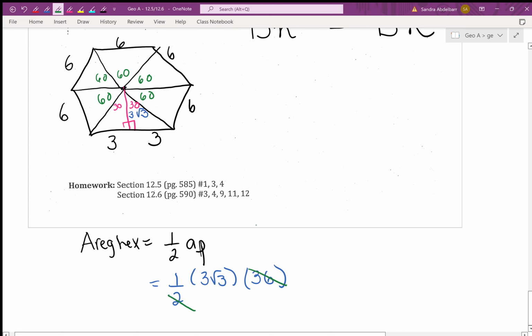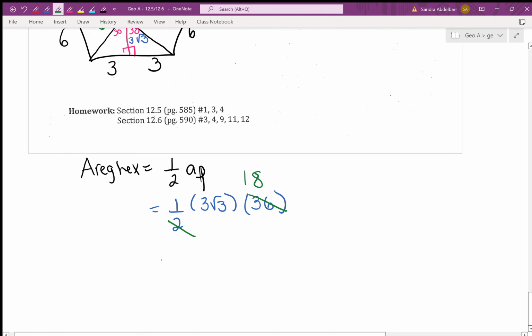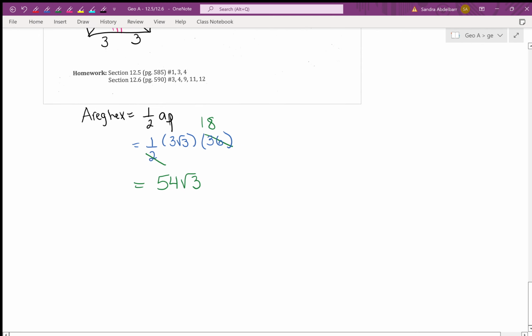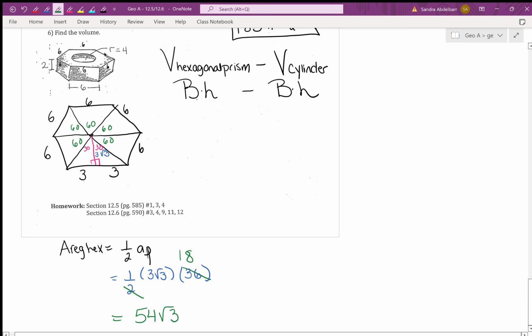Half of 36 is 18. 18 times 3 root 3 is 54 root 3. So that is the area of the base of the hexagonal prism. What's the total height of this hexagonal prism? 2. Very good. So this is 108 root 3.